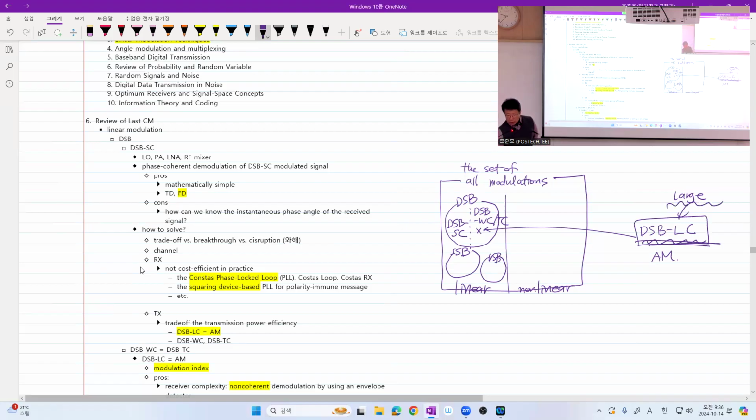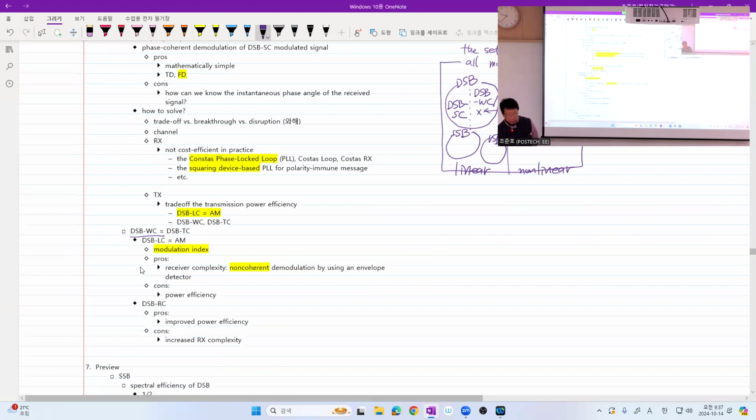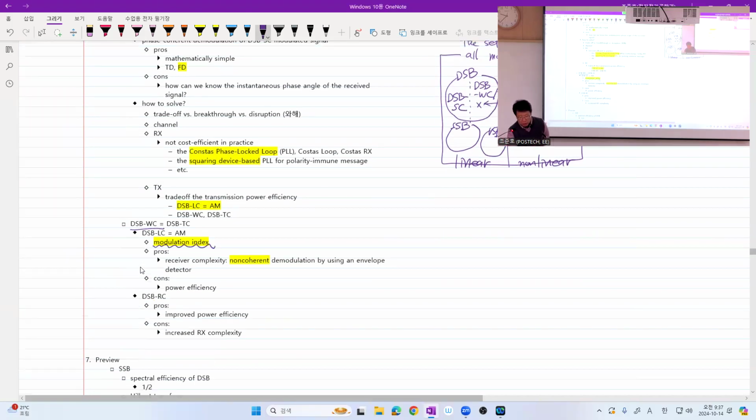And this large adjective is always, how to say that, not absolute, relative. So we had a precise definition for this one by introducing the concept of modulation index.